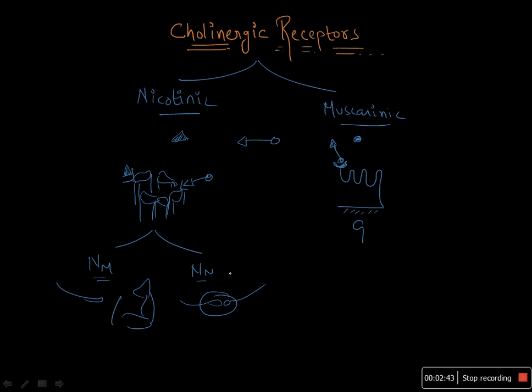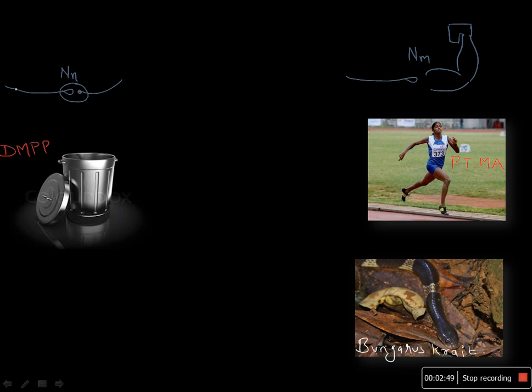If you want to know the agonist and antagonist of these nicotinic channels, the agonist for NN, the neuronal junction, that you have to remember is dustbin. You can remember dustbin because you got to dump something into it. So it is DMPP, dump for dustbin, which is dimethyl phenyl piperazinium.